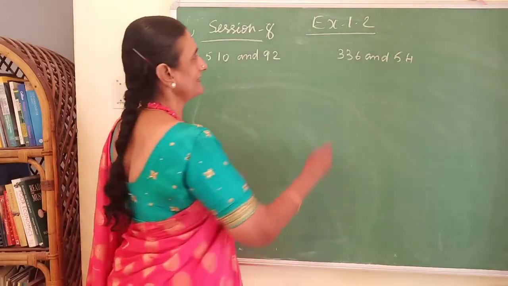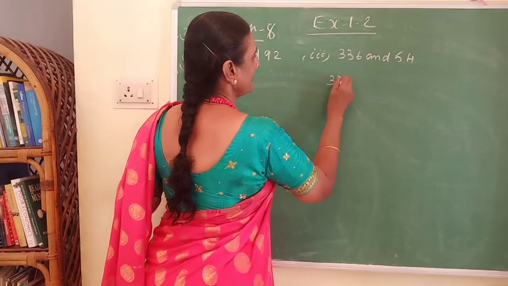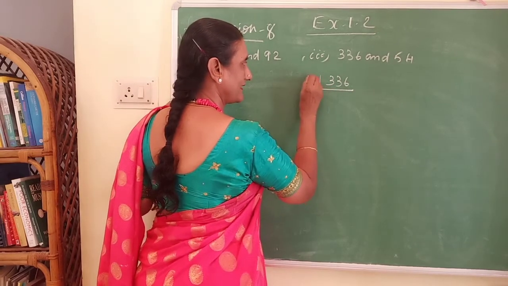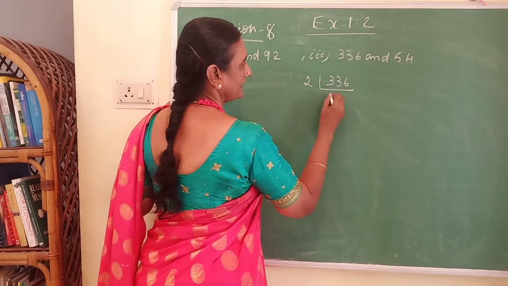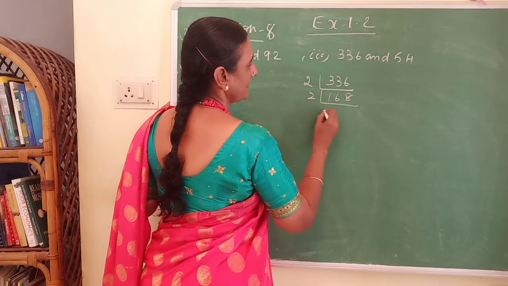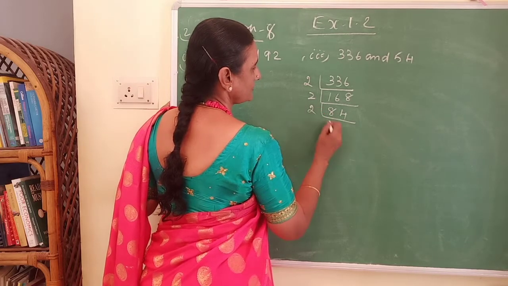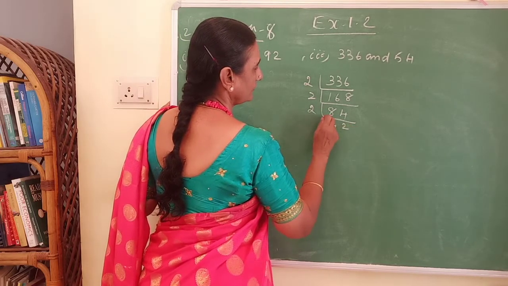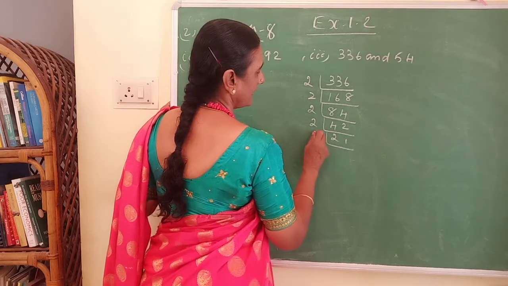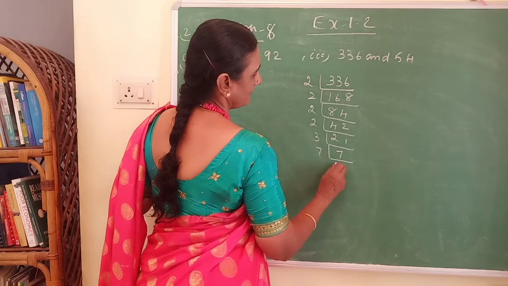The next sum, children, this is subdivision 3. Now first let us take 336. You divide by 2 because it ends in 6. We will get 168, and then dividing by 2, 84. Then again divide by 2, it is 42, and then divide by 2, it is 21, and then 3, and then 7, and then 7, 1.